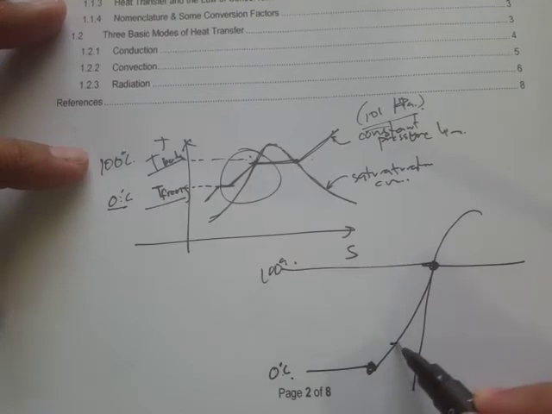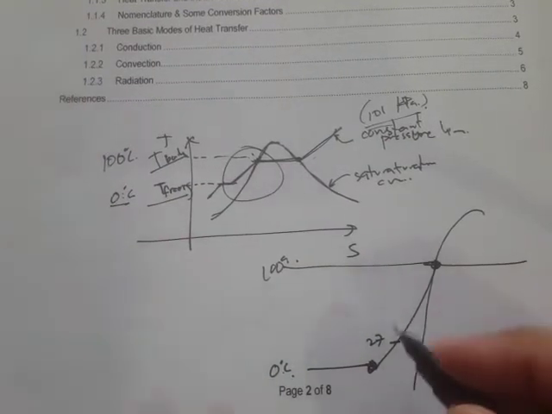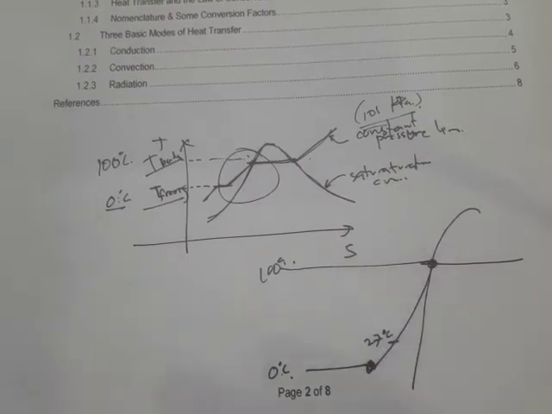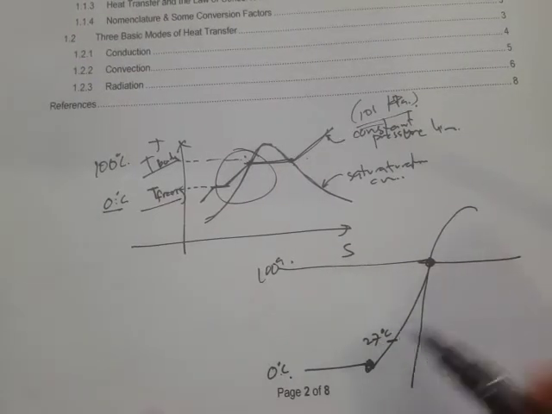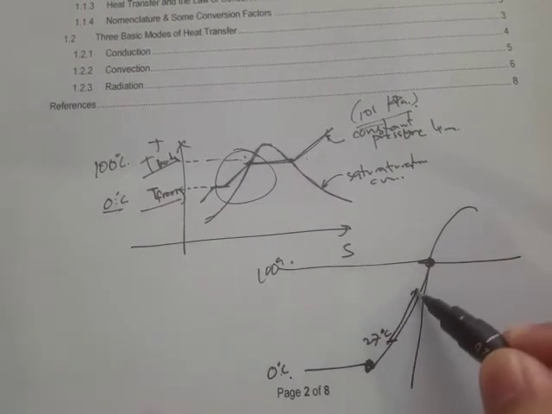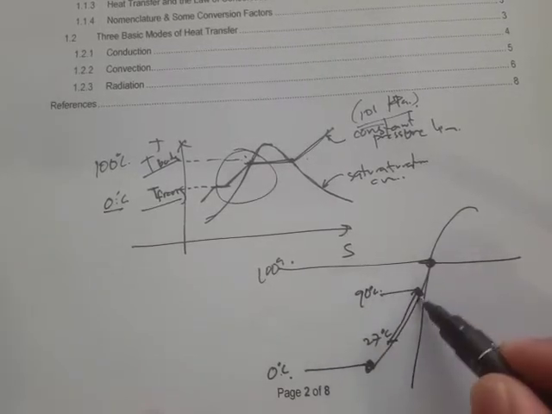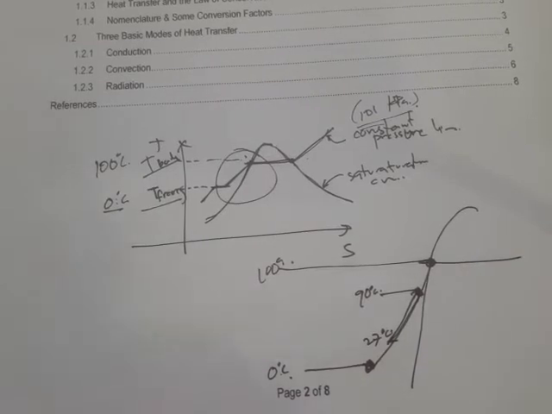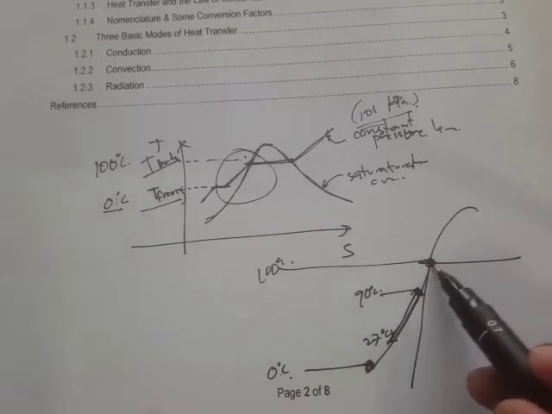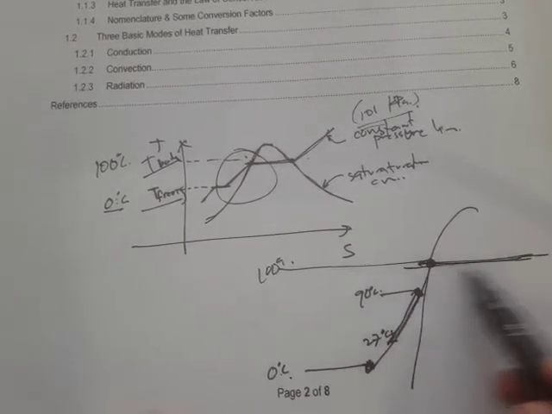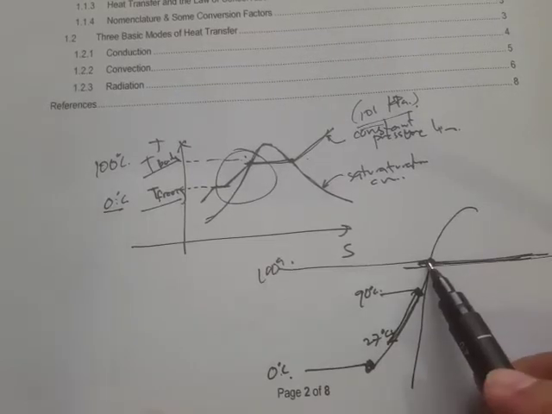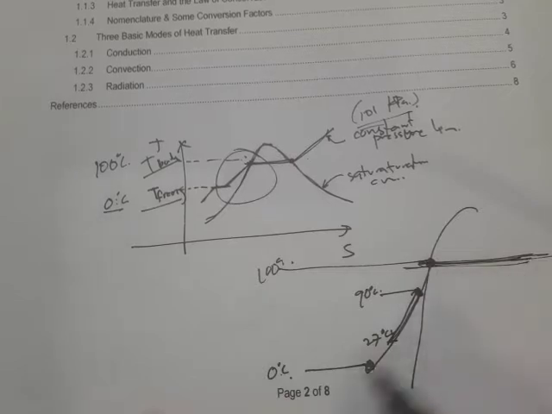So initially, let's say here's our initial temperature for the water, which is 27 degrees C, and then we heat it up. If we heat it up, then it will increase its temperature, right? So let's say here's our 90 degrees C. So you see there's a change in temperature. However, right here in the phase change, the temperature is actually constant, but the phase is changing.